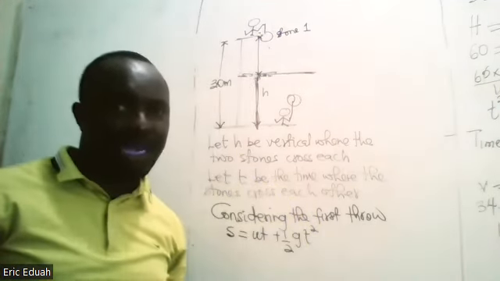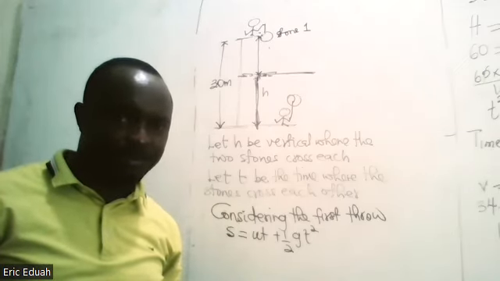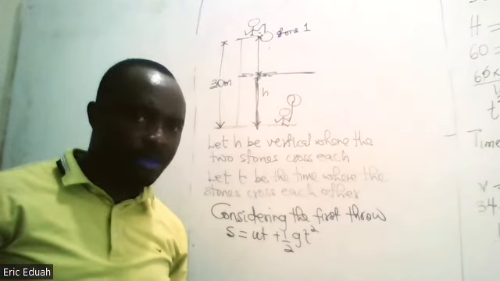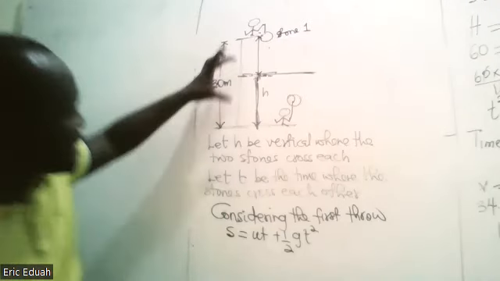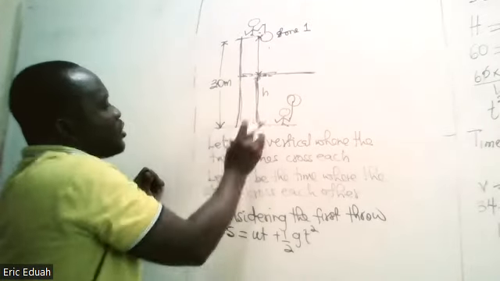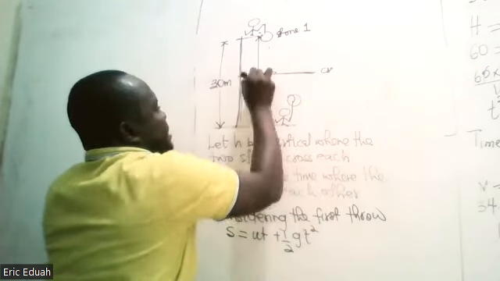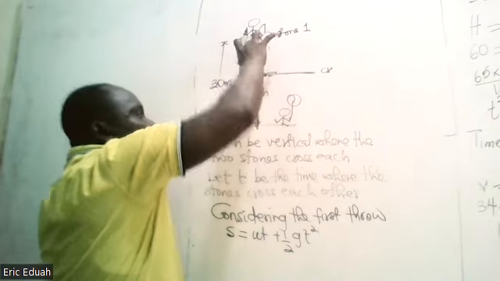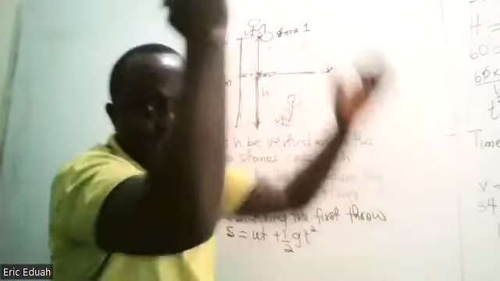Yes, Anna. Go ahead. Maybe 30 minus h. Exactly. It will be 30 because the whole height of the cliff is 30. So if we are assuming that the two stones will cross each other at this height h, then this distance traveled by the first stone would have to be 30 minus h before they cross each other.